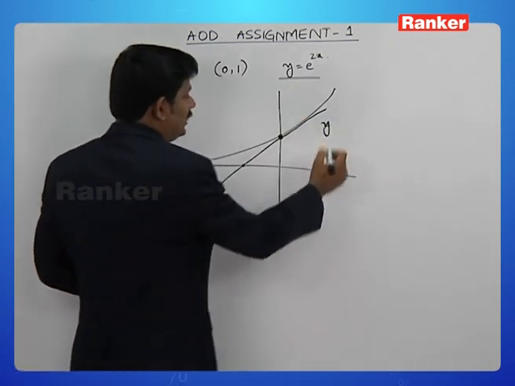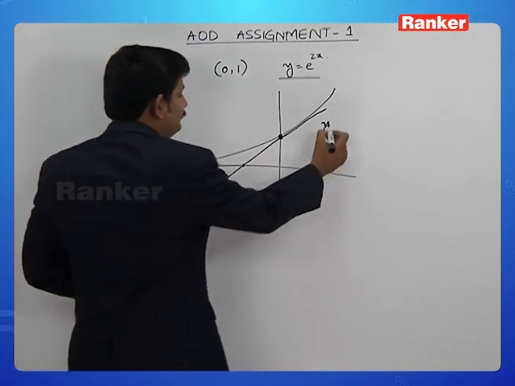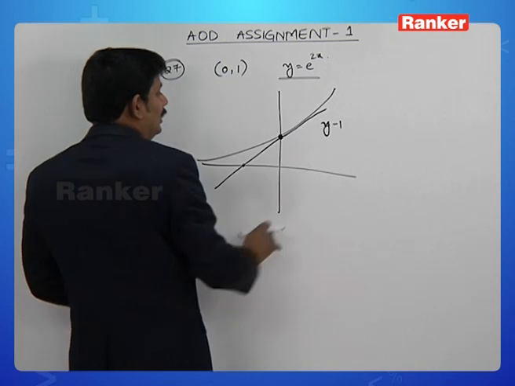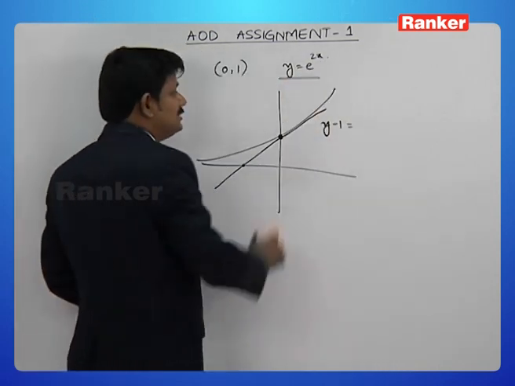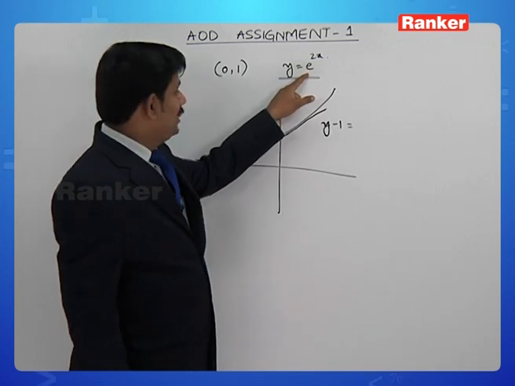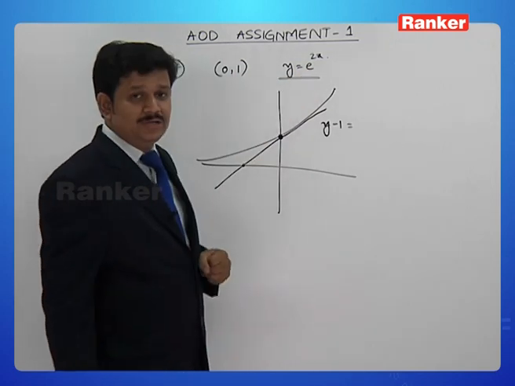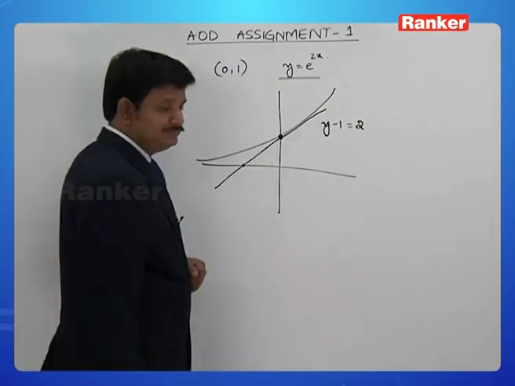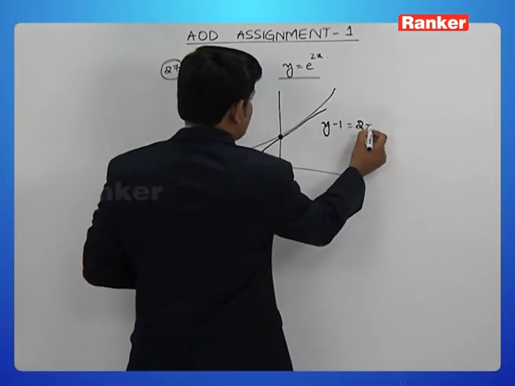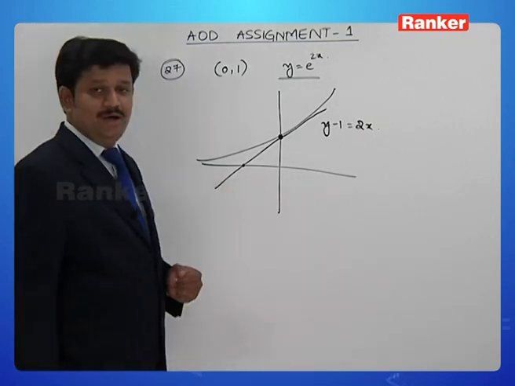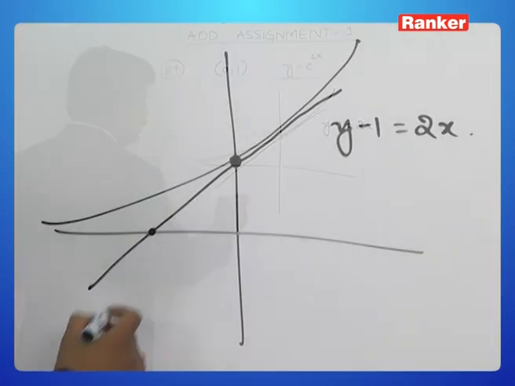The tangent equation is given by y - y1, which is 1, equals m times (x - x1), where m is found by differentiating the curve. dy/dx is 2e^(2x), and when x is 0, e^(2x) is 1, so the slope is 2. Then 2 times (x - 0), which is x, so the tangent equation is y = 2x + 1.